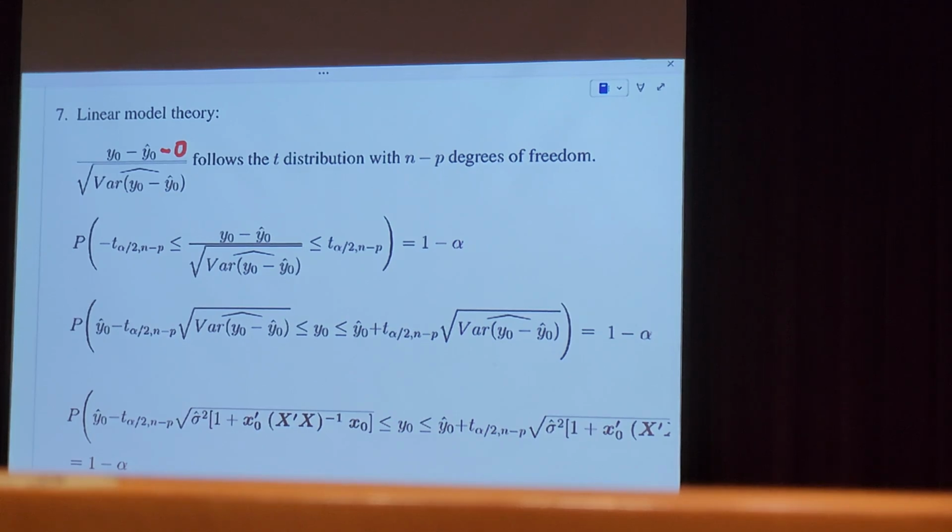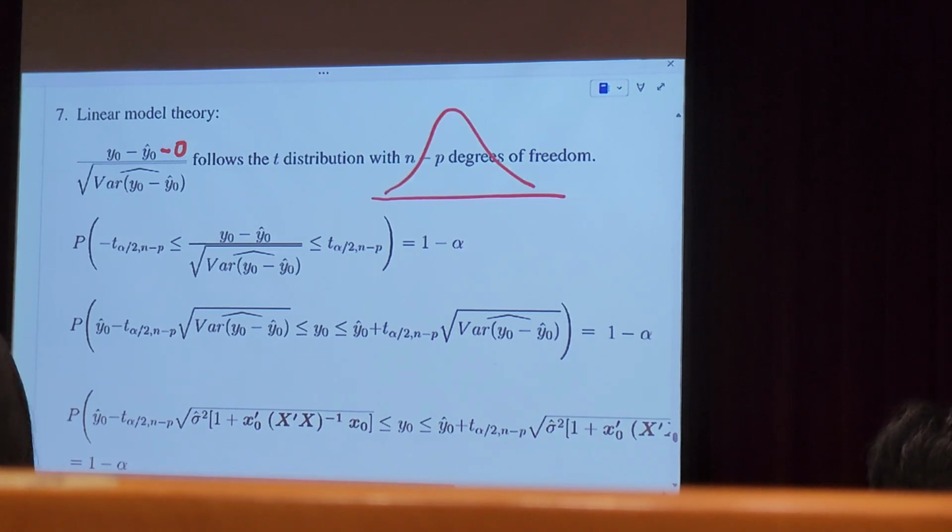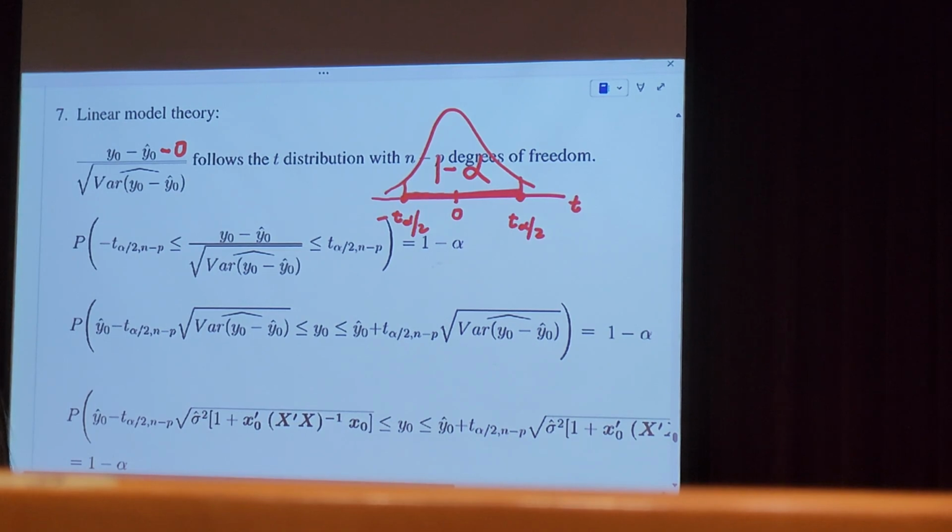I want to trap this random variable within two values. Here's a t with n minus p. So I trap it at this value, t alpha over 2, and minus t alpha over 2. So the probability that the random variable is trapped between these two values will be 1 minus alpha.